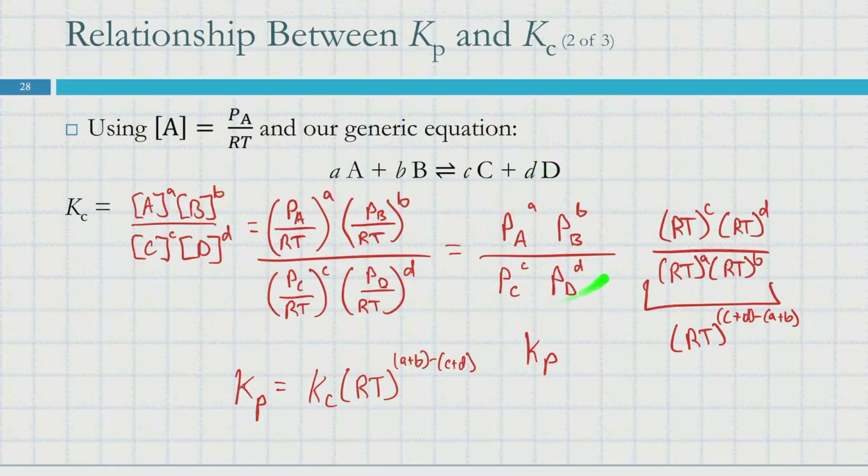And since this whole bit here is just equal to Kp, we can sum that up as Kp. And I wrote the subscripts wrong down here. No, I didn't. I wrote those correctly.